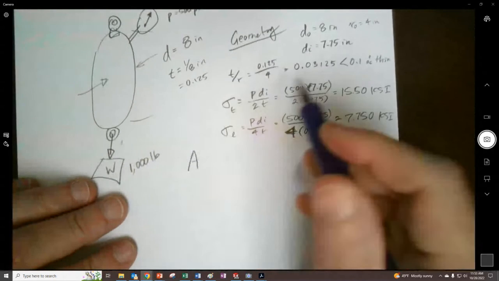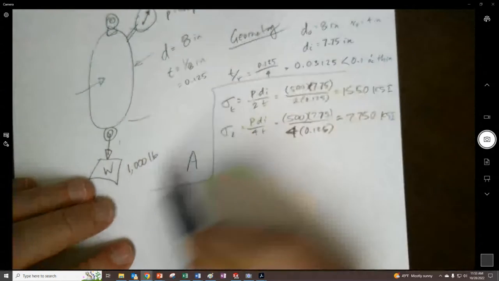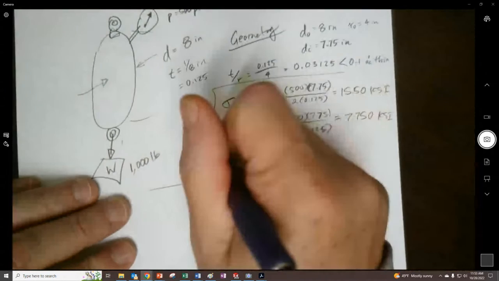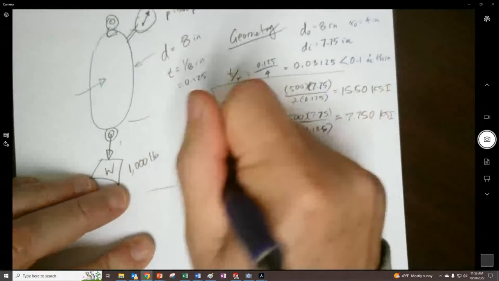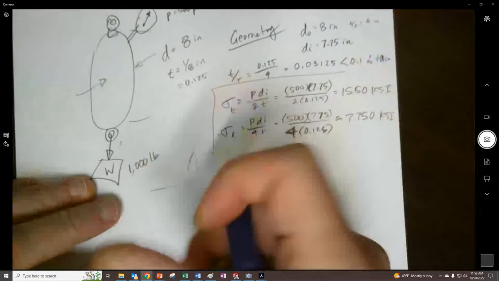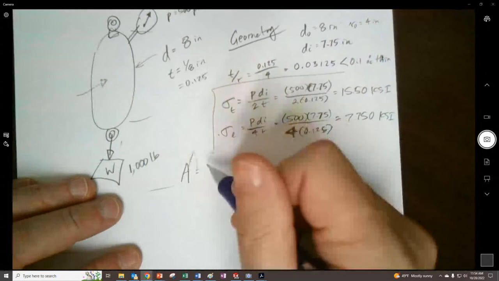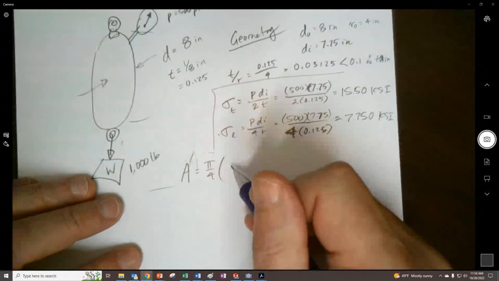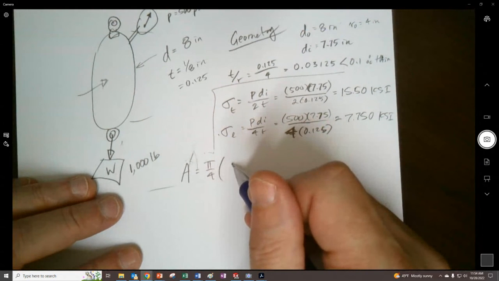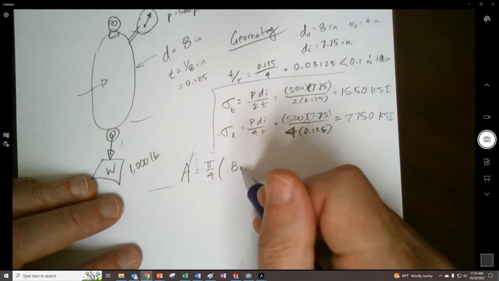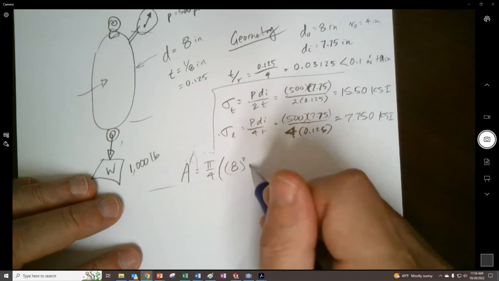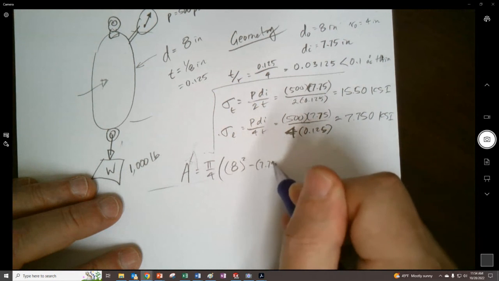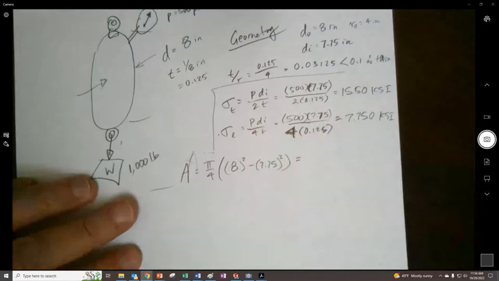So we need to find, probably needed to do this in the geometry section that I was calling geometry. But I forgot. Find the area and take pi over 4 and outside diameter squared minus inside squared. There you go.